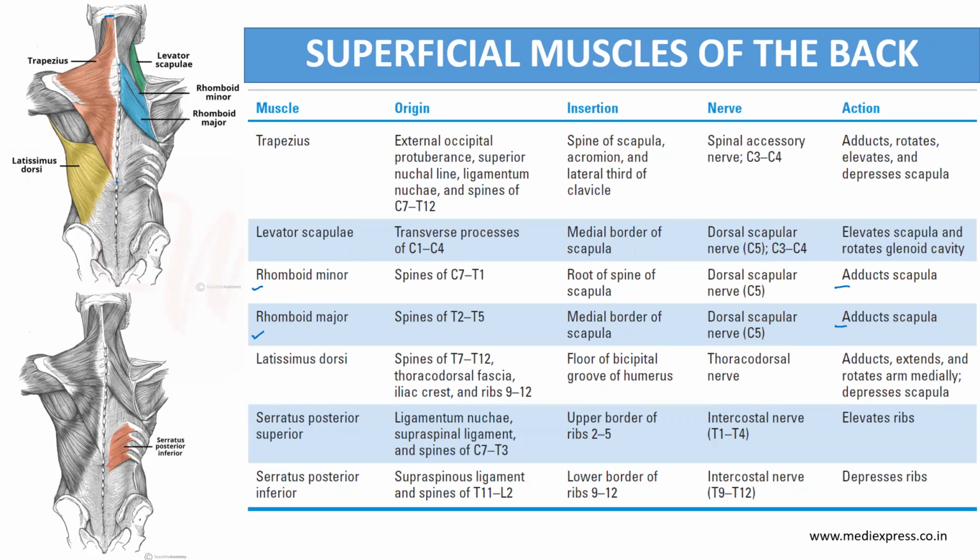Talking about rhomboid minor and rhomboid major, the origin is from the spines. Rhomboid minor originates from C7 to T1, whereas rhomboid major originates from T2 to T5. Rhomboid minor is inserted into the root of the spine of the scapula, whereas rhomboid major is inserted to the medial border of the scapula.